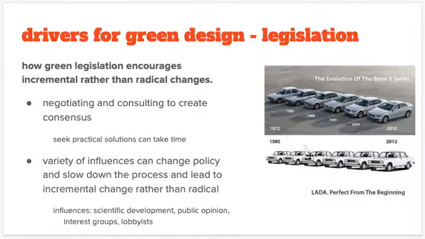Incremental changes versus radical. And a lot of that is from the past topics that we talked about. It just takes governments longer to make decisions. They have to balance a lot, lots of people that are involved. So it's important that you remember that the driver is legislation, but it does take time.